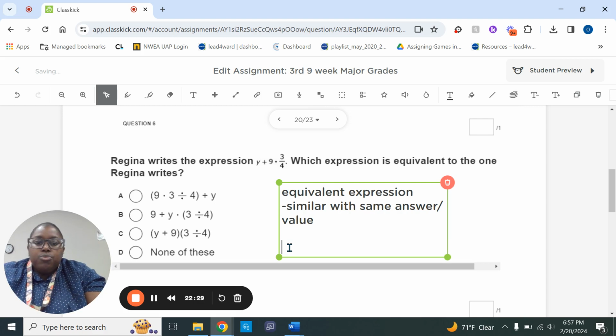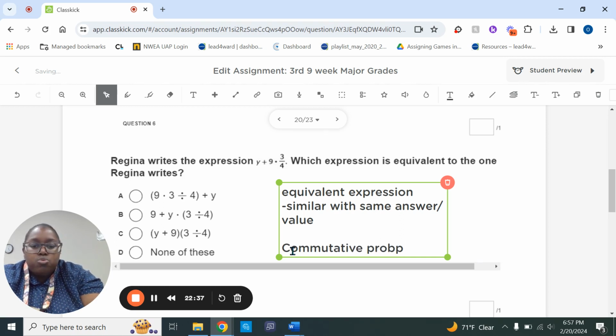One of the things you could use is the commutative property. Remember, the commutative property means I'm going to move from one place to the next. In the case of this one, I would just move a number from being in front to in back, and from back to being in front.